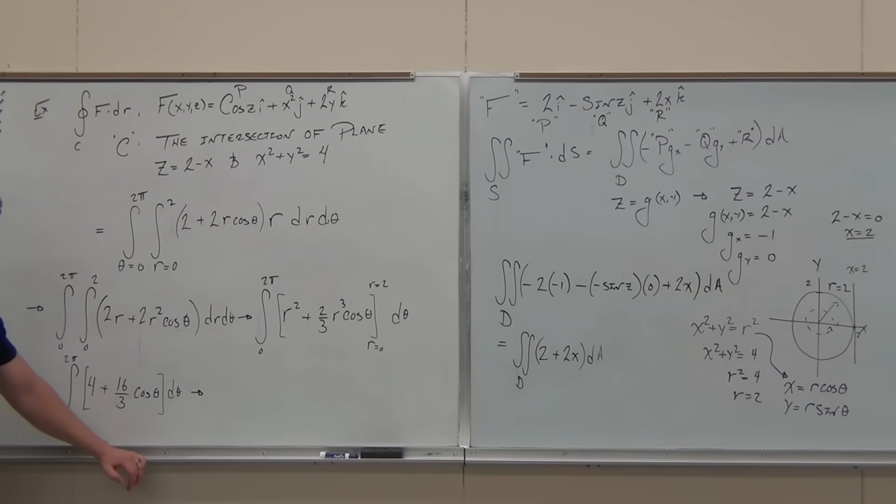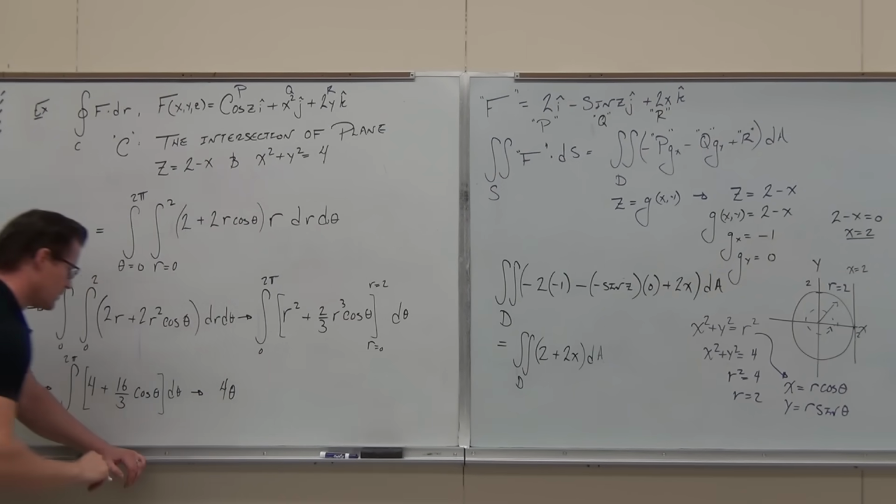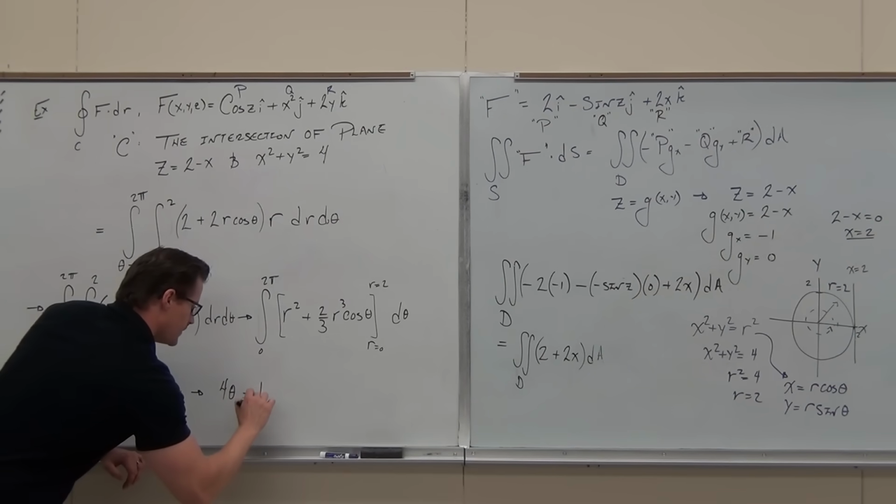After that one, come on, stick with me. Middle people, how about you guys? What do I get when I integrate with respect to theta? 4 theta plus 16 sine theta. Is it going to matter?